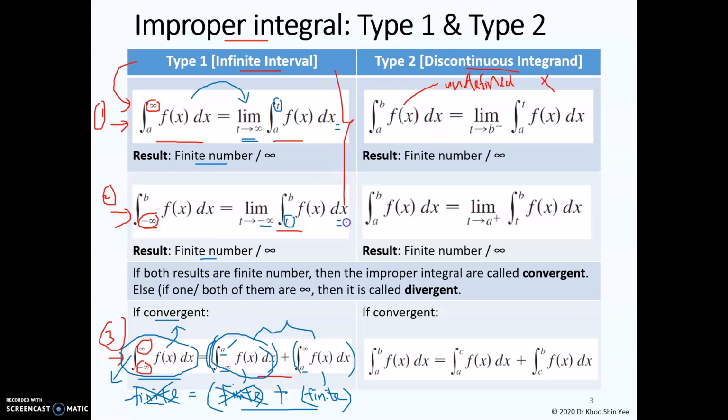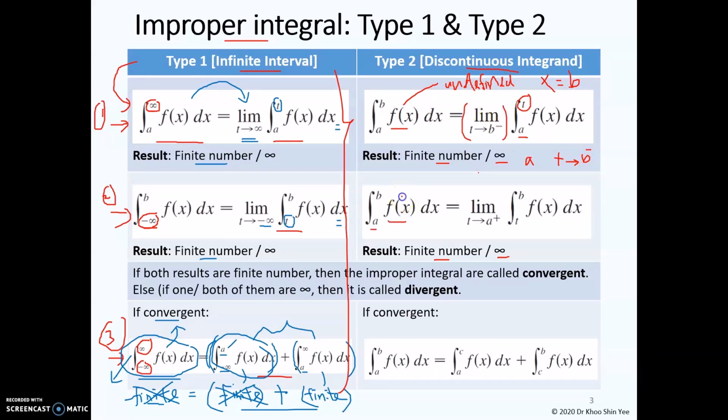We can use the same approach to check the improper integral due to the discontinuous integrand here, whether the solution exists or is undefined. For the first case, if the function is undefined at x equal to b, then we can substitute t at the upper limit. So you have the lower limit a and t and b here, where t is approaching b from the left hand side. Therefore, we can take this limit.